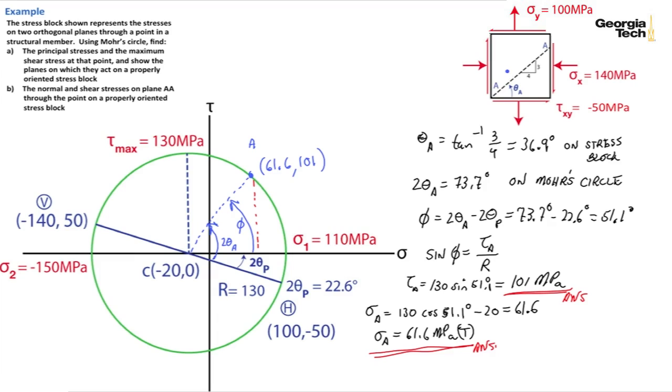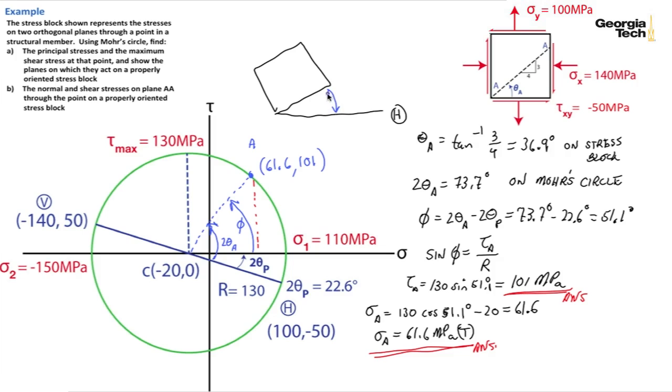Let's go ahead and draw the stress on a properly oriented stress block. We're moving from our horizontal face here, so this is my horizontal face. I'm going to turn my block. In this case, I've turned it 36.9 degrees.